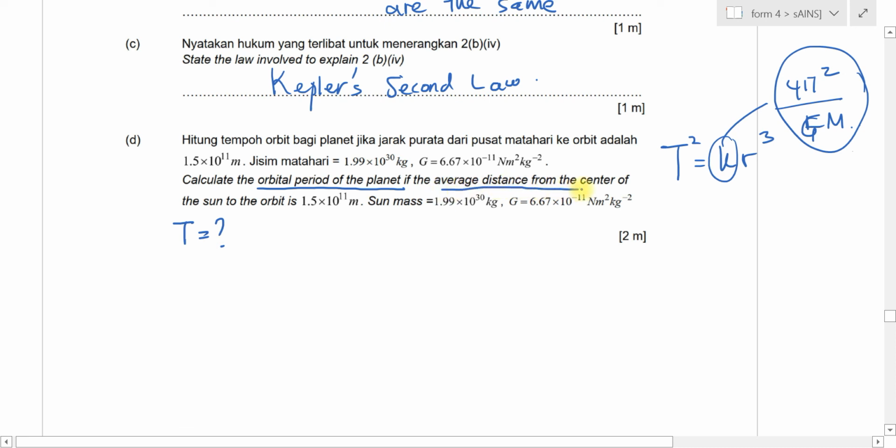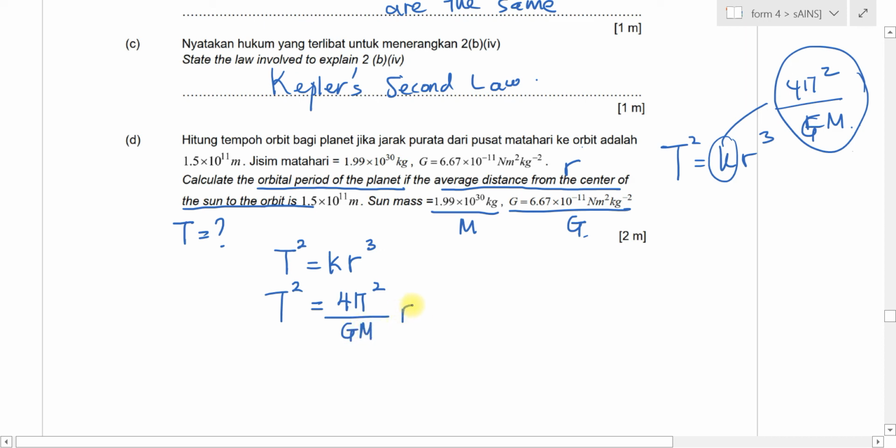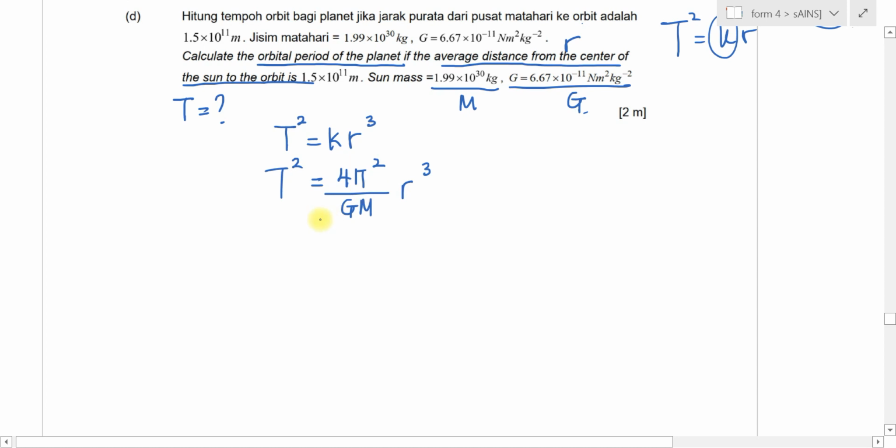The average distance from the center of the sun to the orbit is the orbital radius R. They have given the mass of the sun M and G. So if T, M, R, G are all there, it is the Kepler's third law that we normally use. T squared is equal to K R cubed, where K is the constant, 4 pi squared over G M. Then we move the square over here: 4 pi squared R cubed over GM is equal to T.